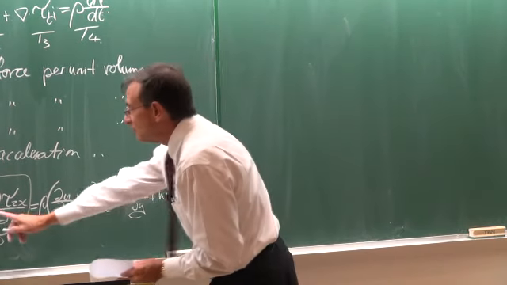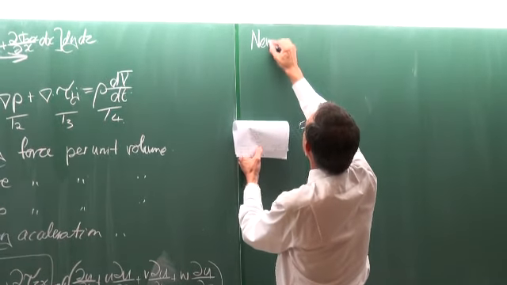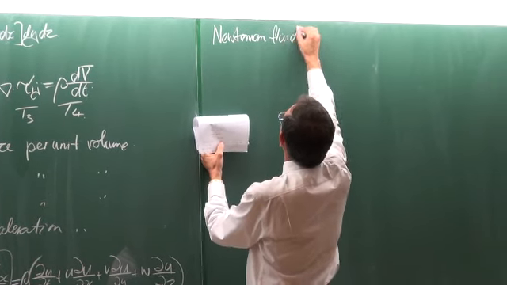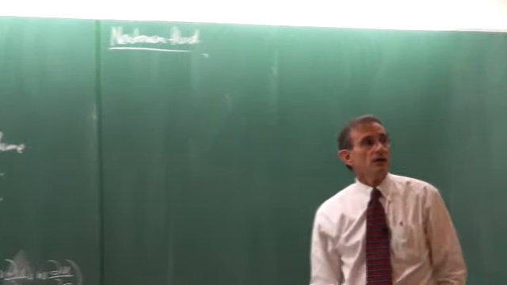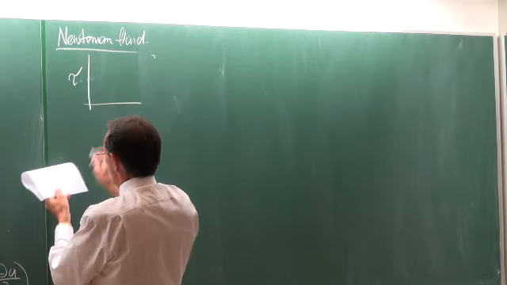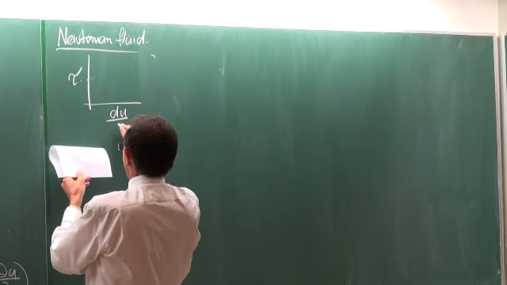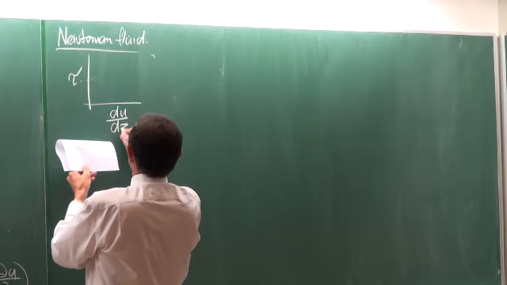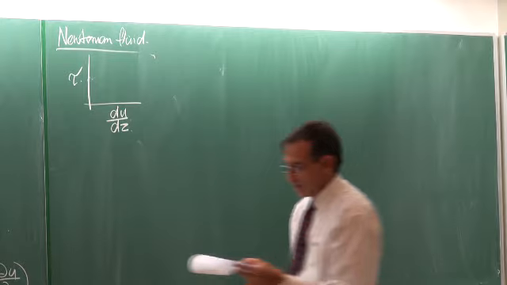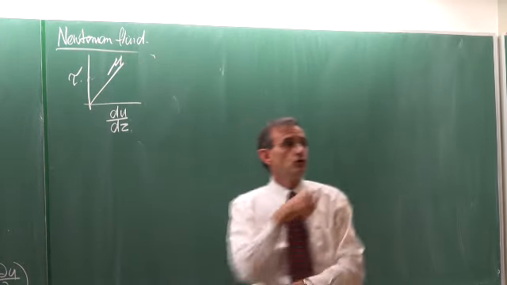Now, in terms of these shear stresses, you've done it for special fluids, again a Newtonian fluid. Newtonian fluids are very important in engineering because the shear stress is directly proportional to the strain rate, du dz. There is a linear relationship, and the gradient is equal to the viscosity.